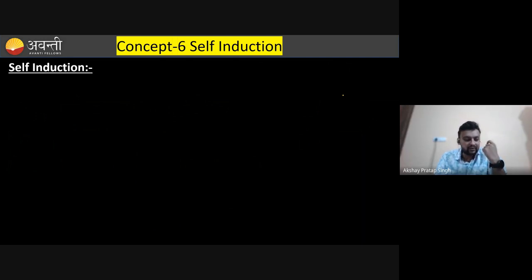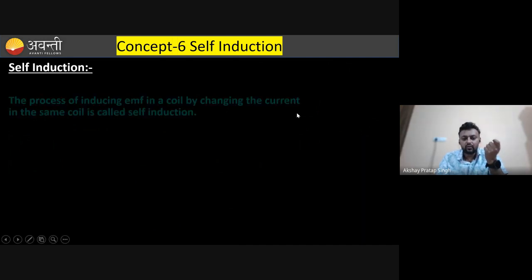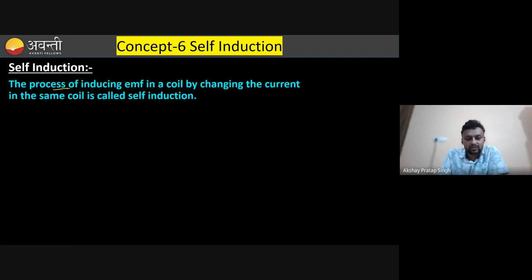If the definition is not completely audible, you can read it out here. It says: the process of inducing EMF in a coil by changing the current in the same coil. And this process is called self-induction.